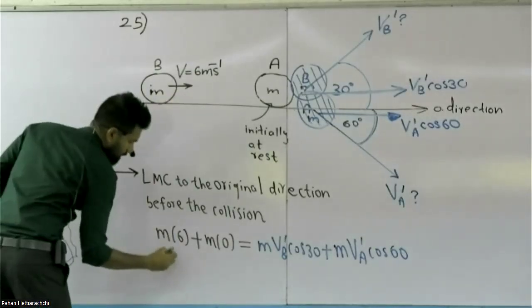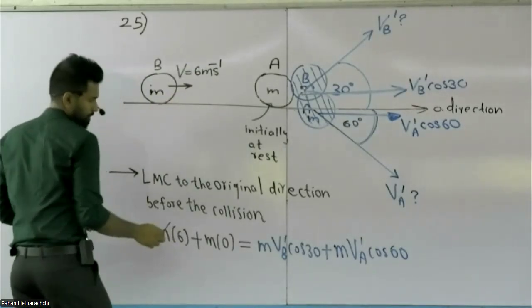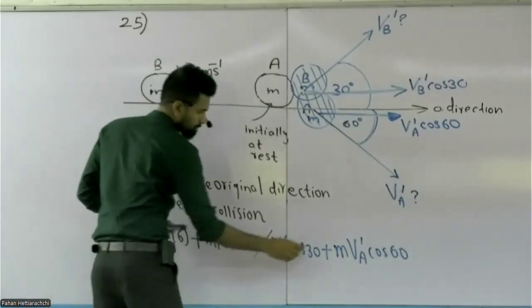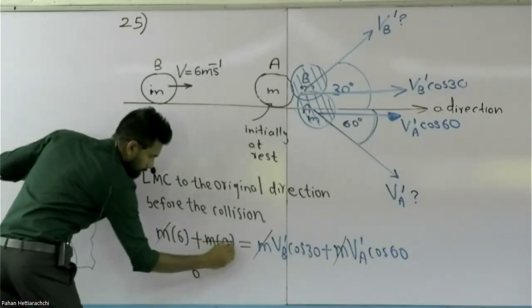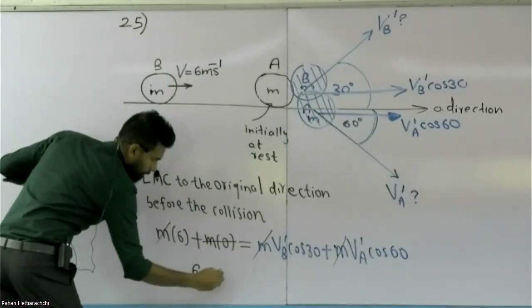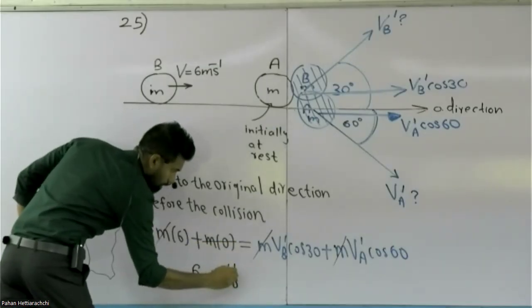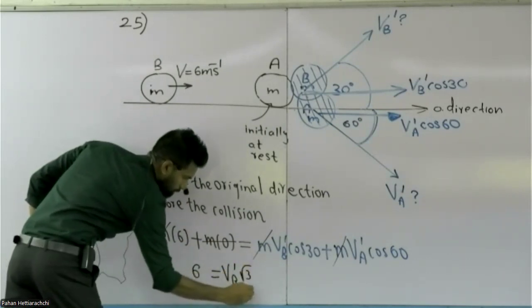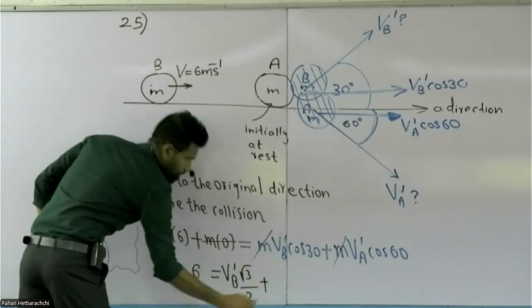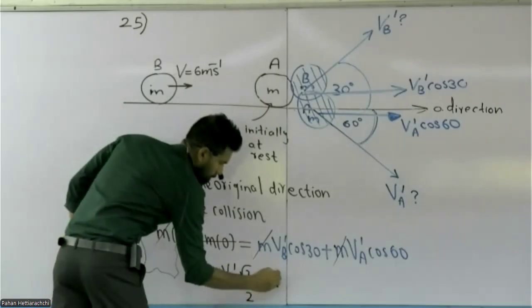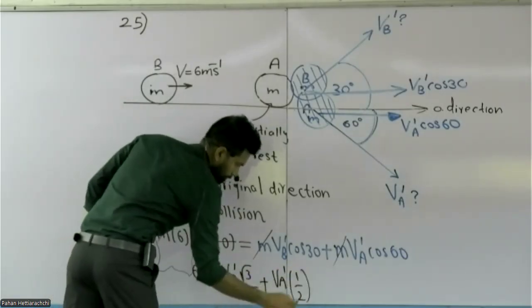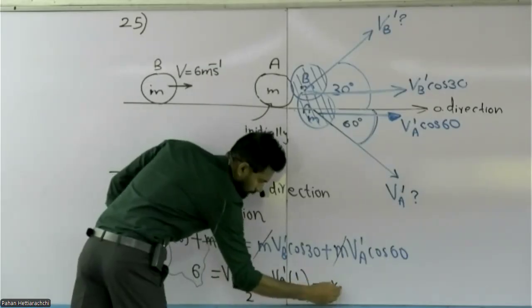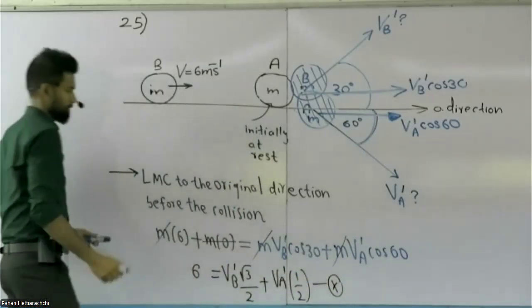Here m will cancel out, so 6 is equal to VB dash cos 30, root 3 over 2, plus VA dash cos 60, half. This is my equation X.